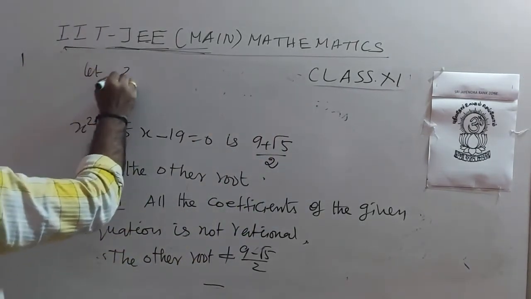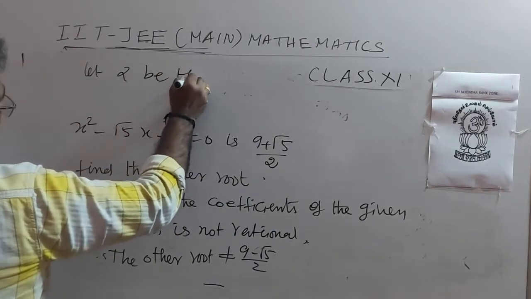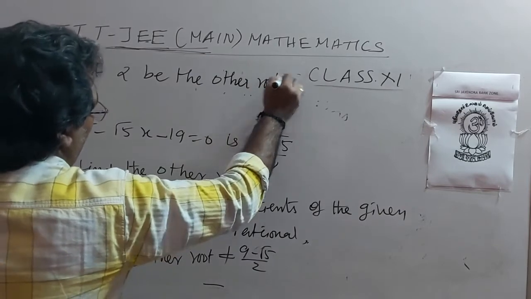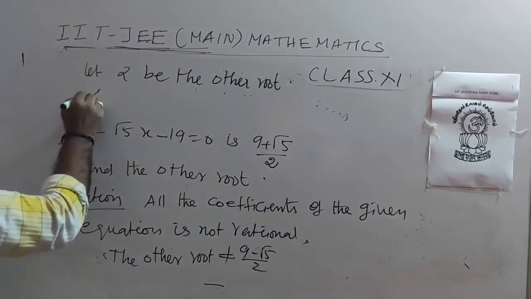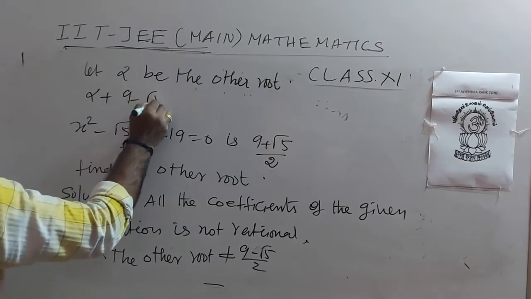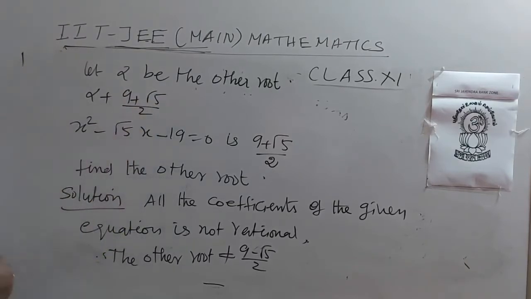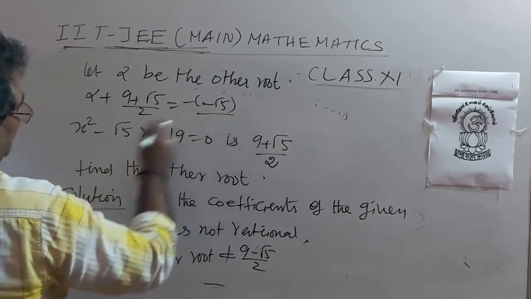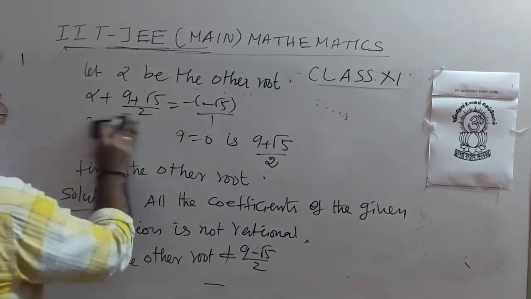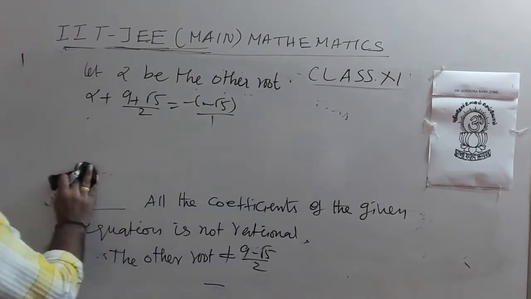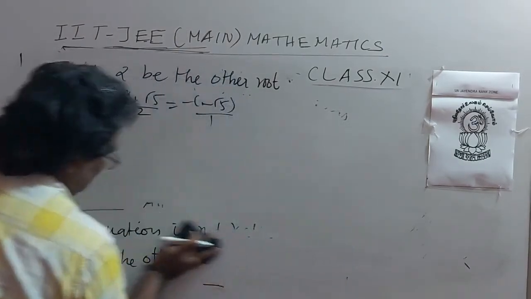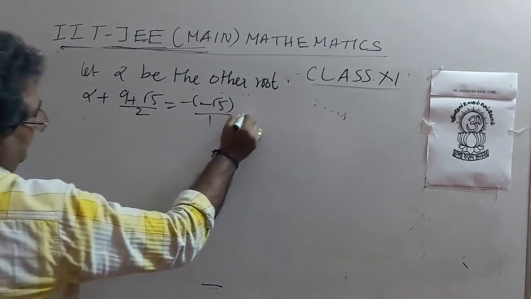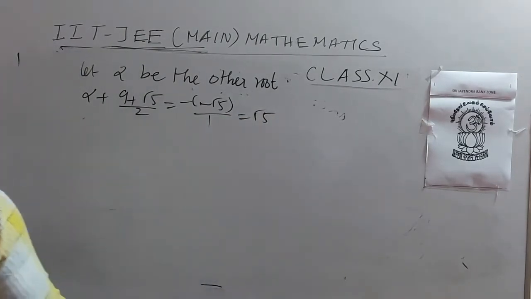So let alpha be the other root. Alpha plus (9 plus root 5) by 2 equals minus b by a, minus of minus root 5 by 1, equal to root 5.